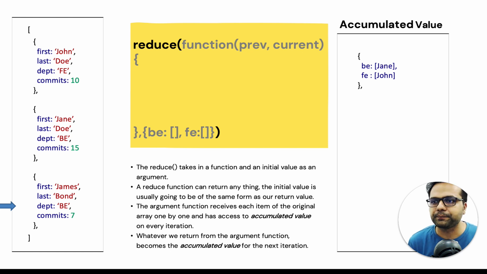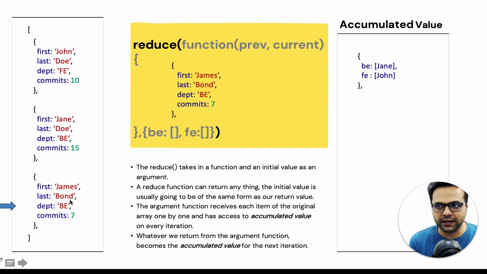Okay. In the third iteration, friends, try to tell me what is the current value. Yeah, this is the current value, James Bond. Okay, this object. What is the previous value? It's the value that was returned from the second iteration, which is this object. Okay, now here again, we get the current item. We have the previous item.